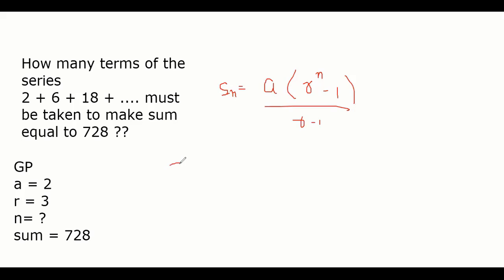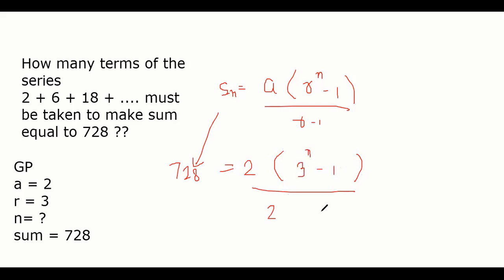Sum is given as 728. So substitute 728 here as the value of sum. Equal to A is 2 into, we'll put in the bracket, 3 to power n minus 1, by R minus 1. R is 3, so 3 minus 1, 2. Right, everybody?